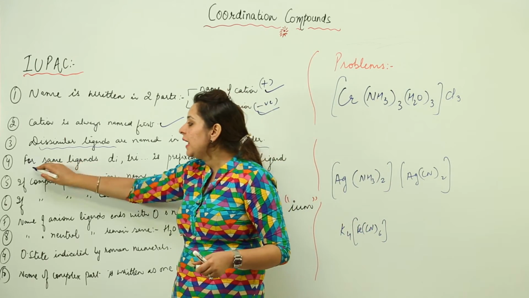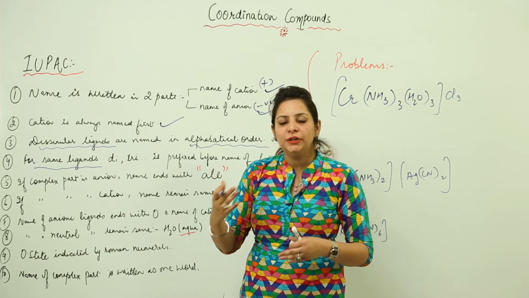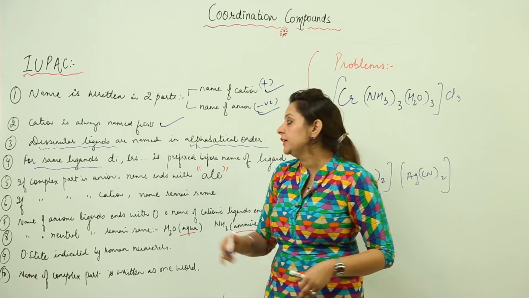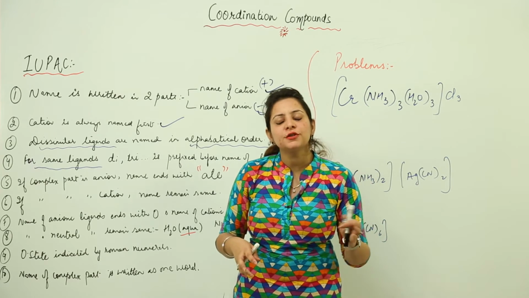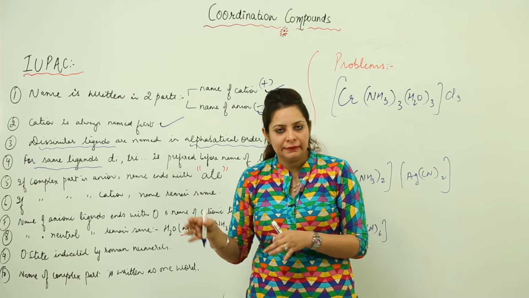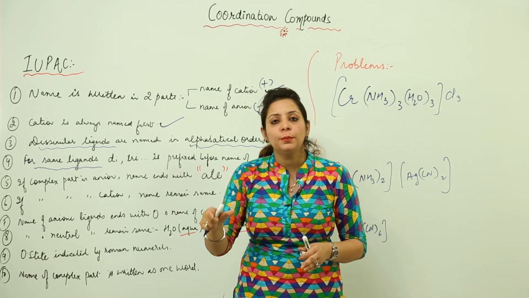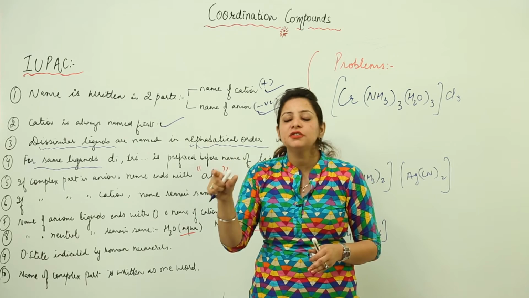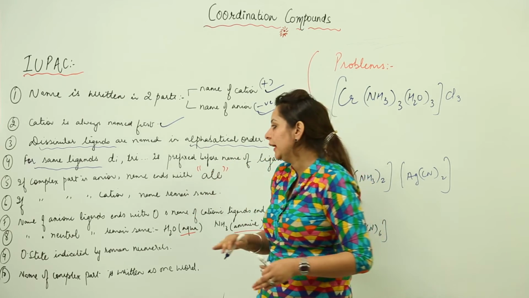And if the same ligand is present 2 times, 3 times, just prefix the di, tri there. But if di, tri is already used in the name, then instead of that you can use bis, tris like that. But you need to use that to indicate whether the same group is present 2 or 3 times, so you need to prefix di, tri or bis, tris before the name of the ligand.